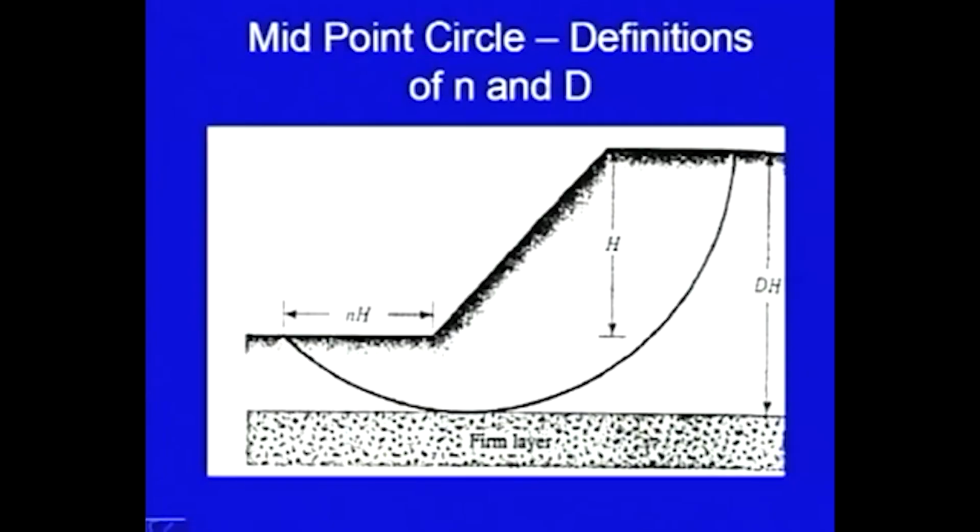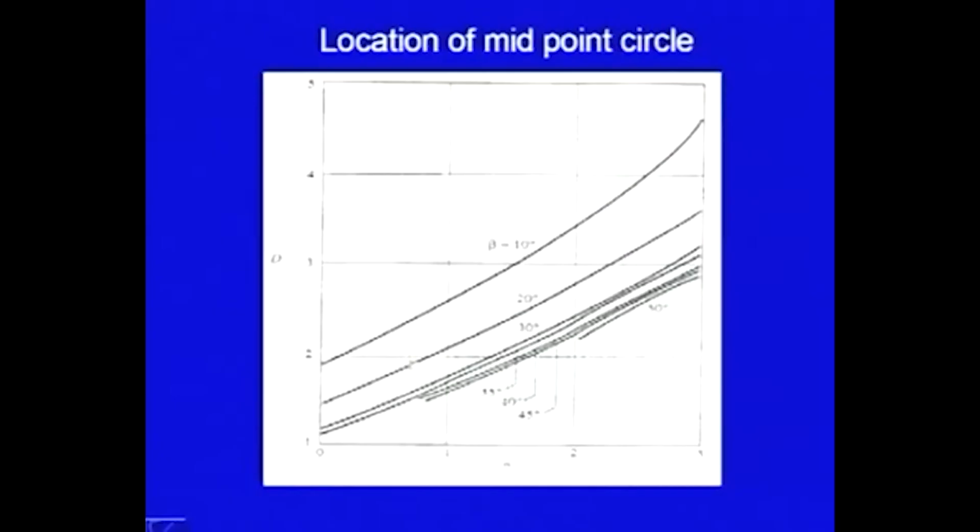This figure gives you again the definitions. n, which I defined there, is a coefficient which you have to multiply with h to get this distance, the distance where this circle touches the ground. So, a relationship between n, d and beta is available.